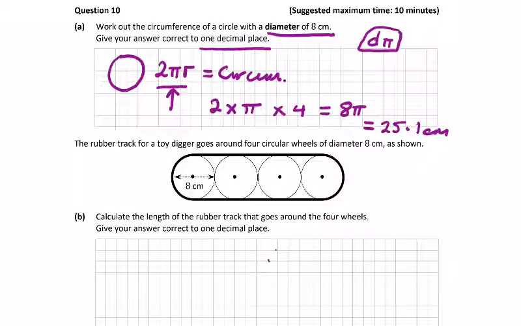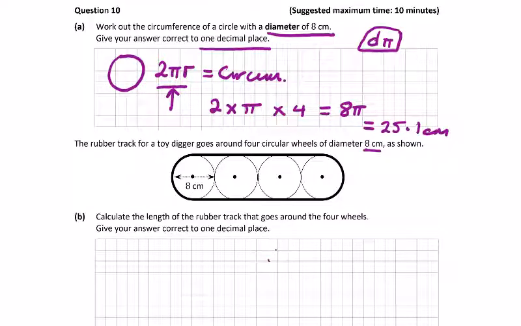Now we have a rubber track for a toy digger, and it goes around 4 circular wheels of diameter 8 as shown. Calculate the length of the rubber track that goes around the 4 wheels. That needs to be, let's have a look here.